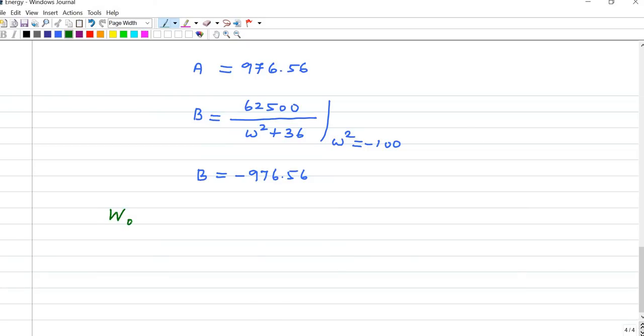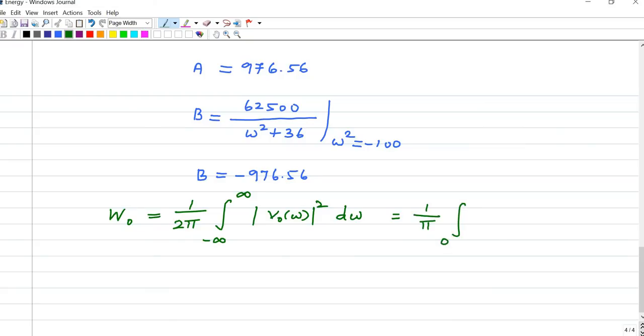Let me represent the energy of the output signal by W naught, which is 1 over 2 pi integral minus infinity to plus infinity absolute of V naught of omega the whole square d omega. You can write this from 0 to infinity something like this: 1 over pi from 0 to infinity absolute V naught of omega the whole square d omega.